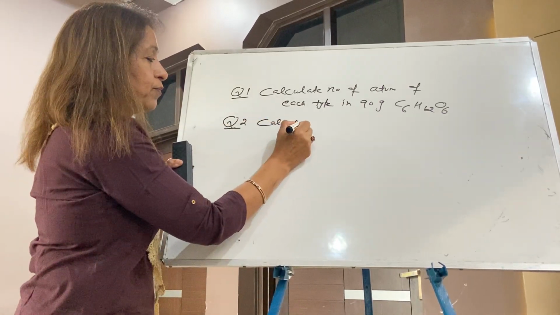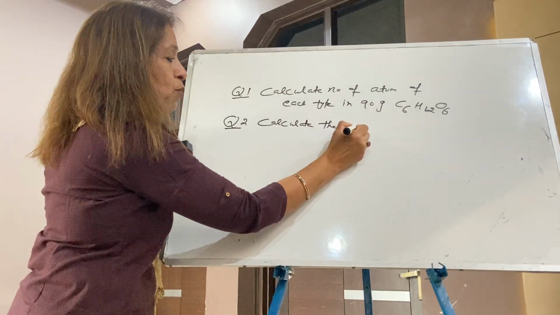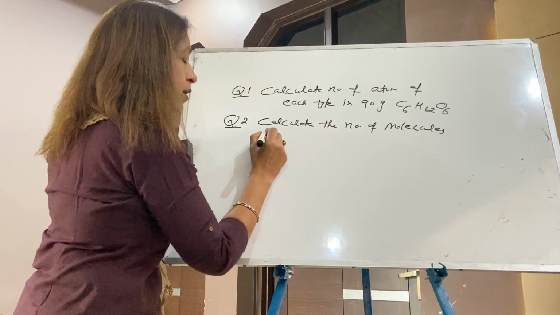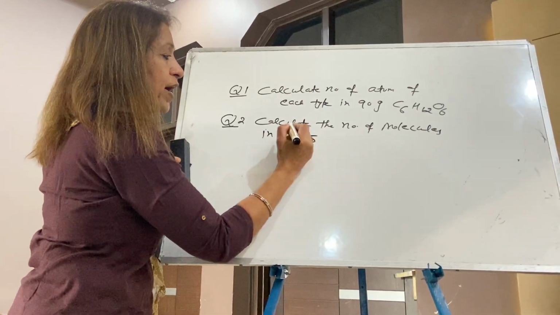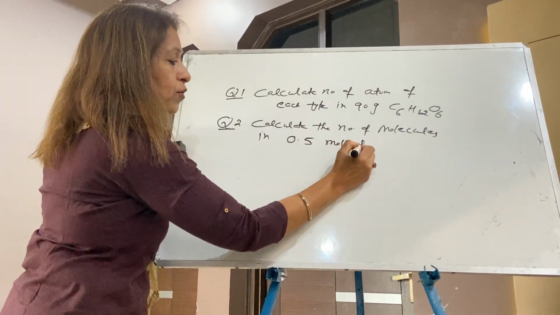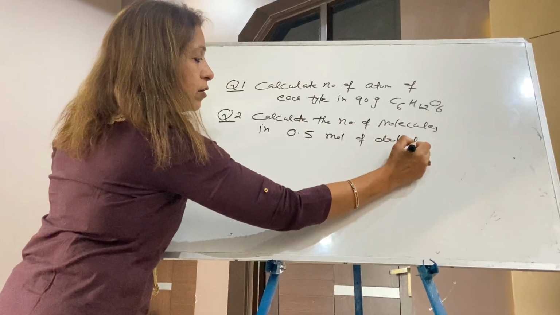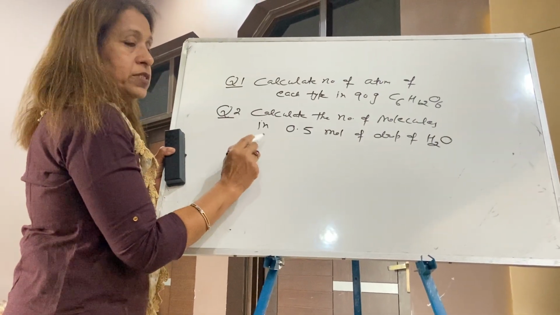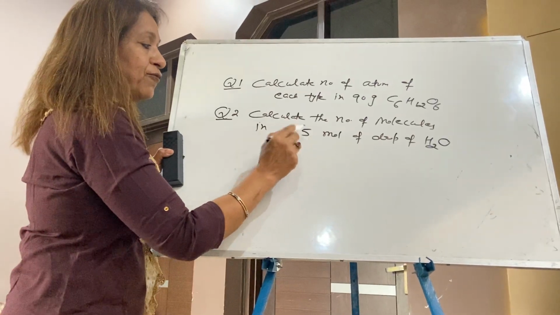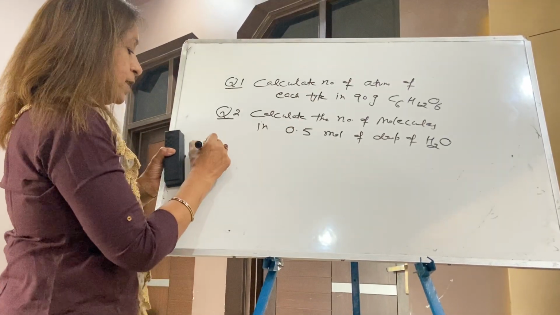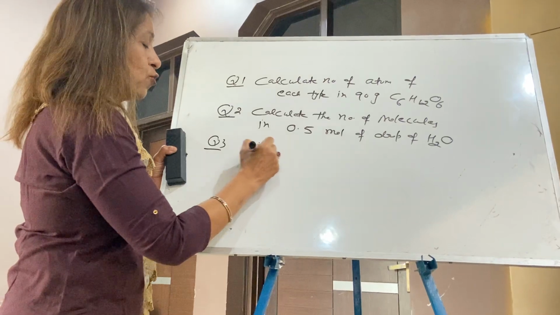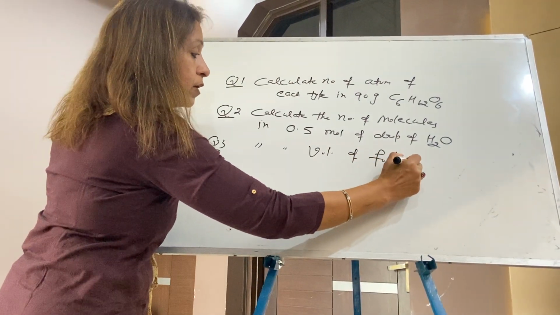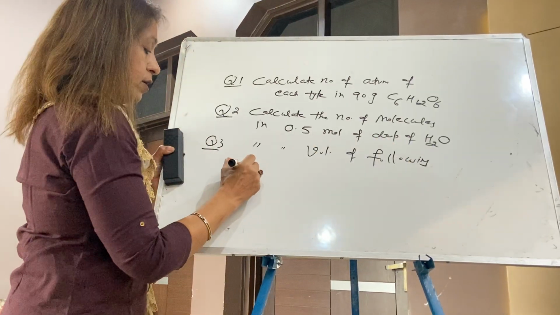Second question. Calculate the number of molecules in 0.5 mole of water. Third part. Calculate the volume of the following.